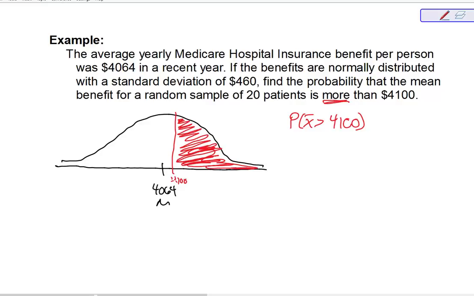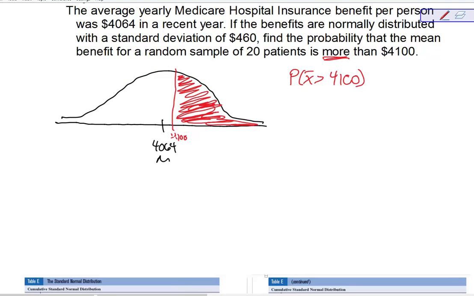I need to change this to a z-value. So that means I'm going to take 4,100 minus 4,064, and since I'm looking at 20 patients, I have to take my standard deviation and divide it by the square root of 20.